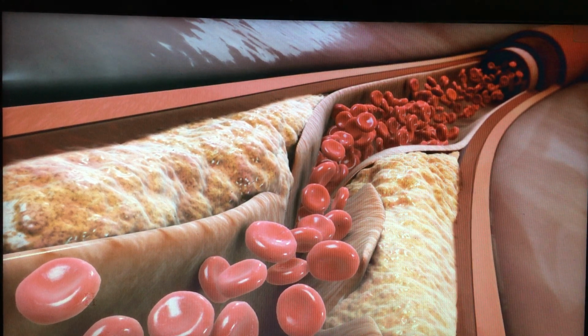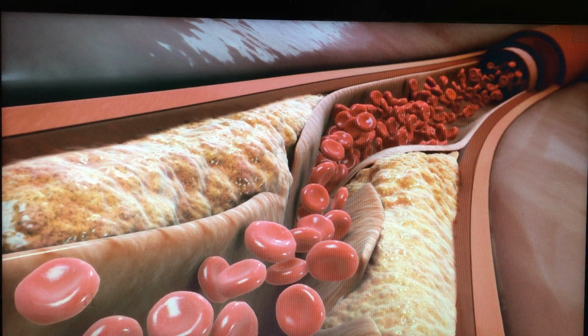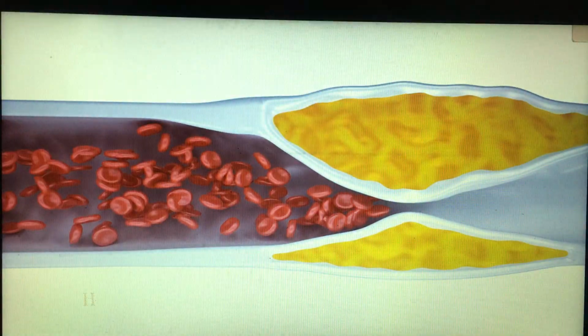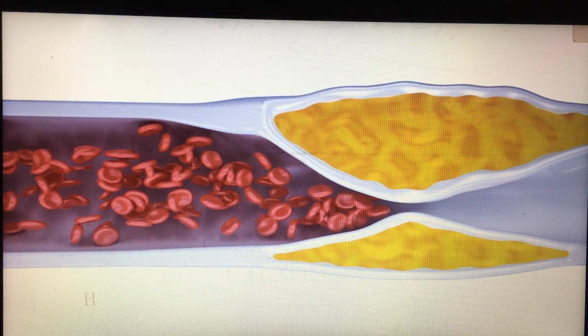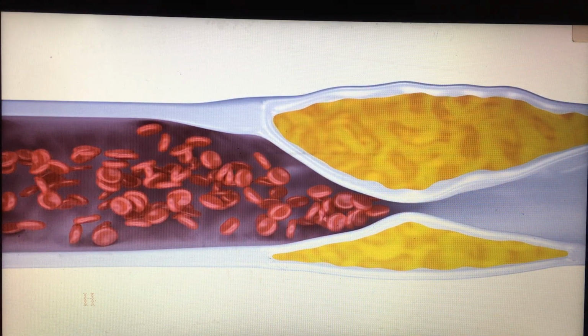So here the tubes, which are arteries and veins in the heart, become blocked with fat, and that will prevent the blood from passing to the body, so the blood cannot flow.